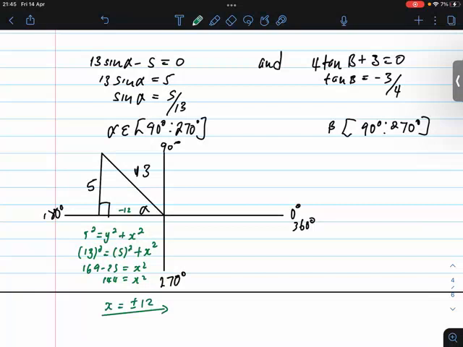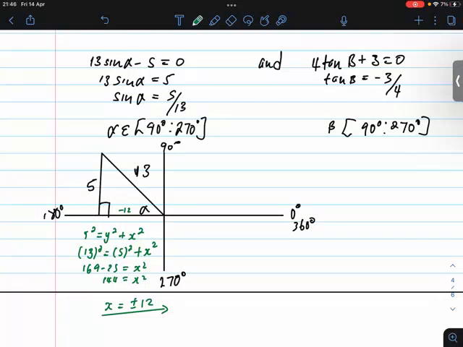Okay. Let's quickly look at the other part. Where do we look at the other part? Tan is positive. Where is tan positive? Negative, sir, in the second and the fourth.